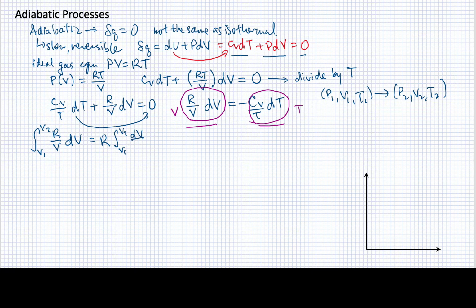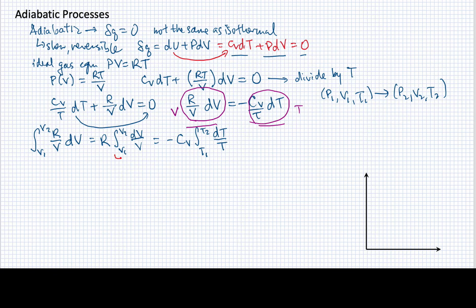And we'll end up with a very familiar equation. All right, this is going to be equal on the other side, and again I'm going to take the constant out of the integration, but we're going to be integrating from T1 to T2 of dT over T. So this equation looks actually the same on both sides, except on one side it's involving volume and on the other side it's involving temperature.